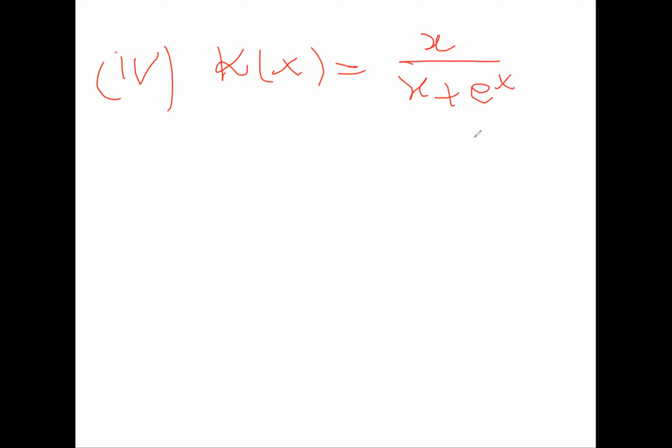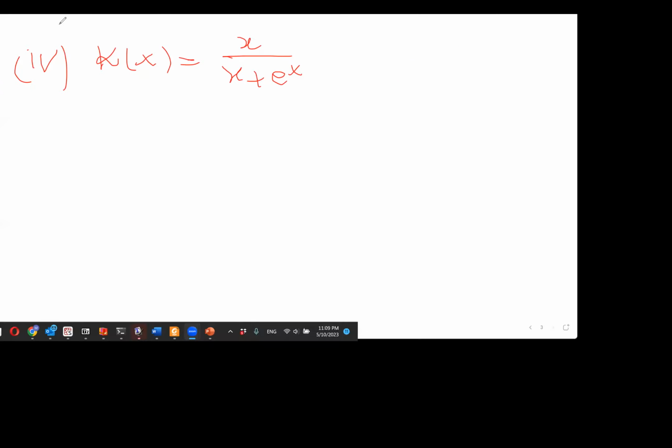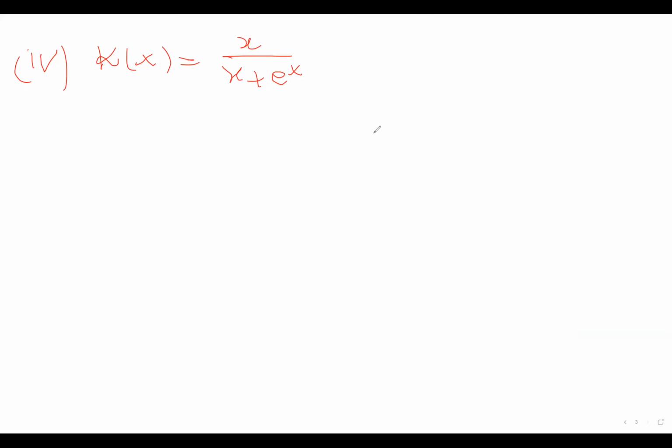Now, the next example, k of x equal to x over x plus e^x. You see here that the quotient in the denominator has a sum or difference, so I cannot make a change to the expression, and here I am obliged to work with the quotient rule.